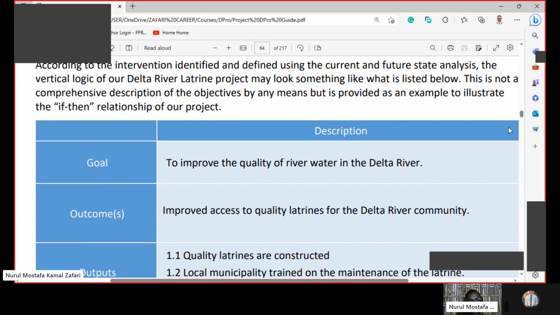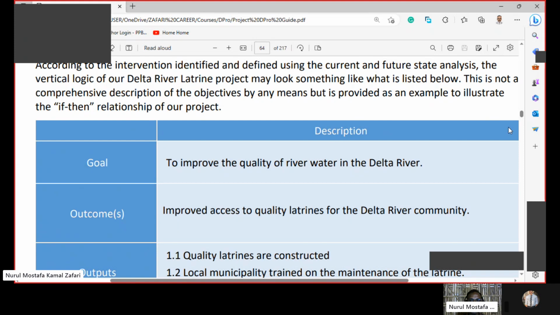According to the intervention identified and defined using the current and future state analysis, the vertical logic of our Delta River latrine project may look something like what is listed.